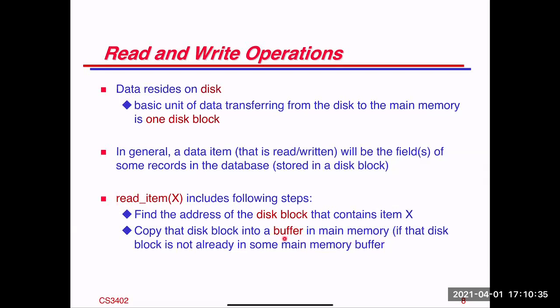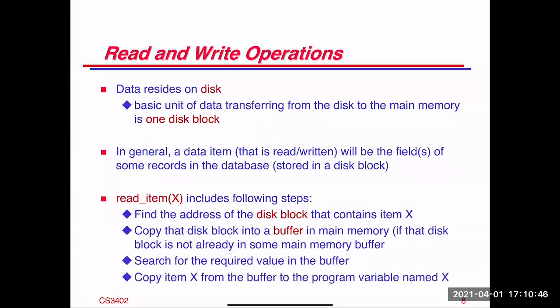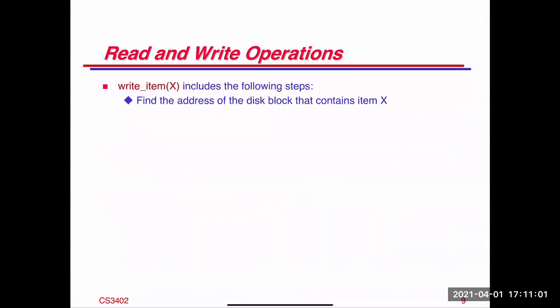Of course, we only do that if the disk block is not already in some main memory buffer, otherwise we don't need to bring it there. And then we search for the required value in that buffer, and we copy the item X, the one that we want, from the buffer to the program variable named X. So you can see there's a lot of things going on here just for a simple read. Now, what about writes?